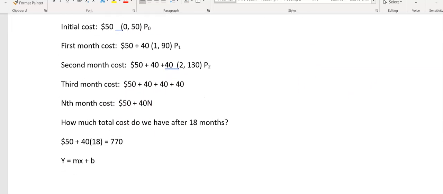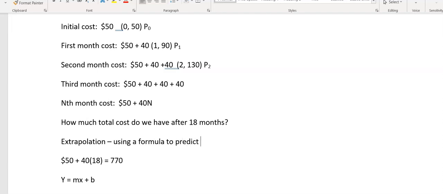Now, when we predict what something's going to be in the future, that is called extrapolation. So we're using a formula to predict what something will be in the future.